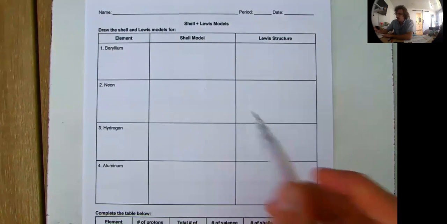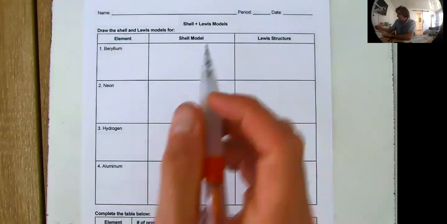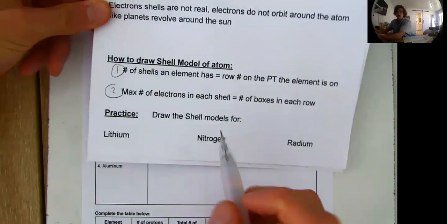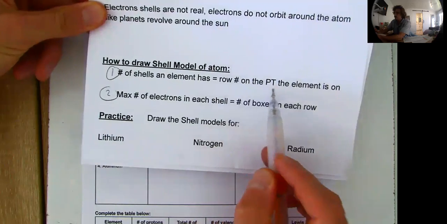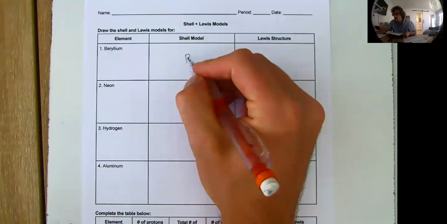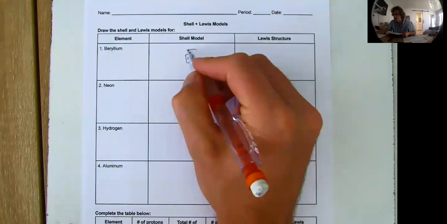Okay, so for beryllium, I know that the rules say that the number of shells an element has equals the number of rows on the periodic table the element is on. So beryllium is on the second row, so the shell model will have 2 shells.